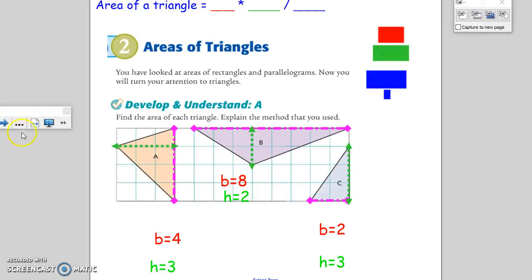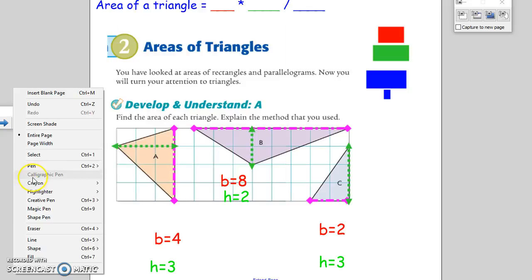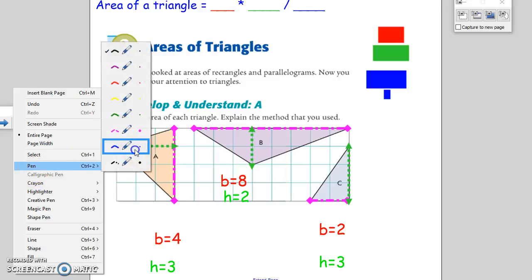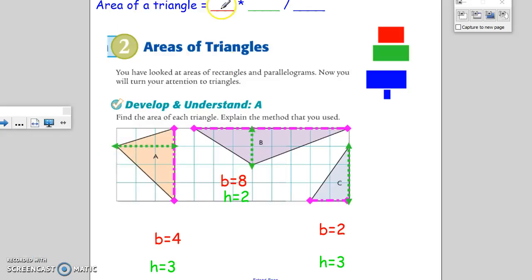So let's use these rules to find the area of these triangles. The area of a triangle is base times height, that's the area of the related parallelogram, divided by 2, since the triangle is half the parallelogram.